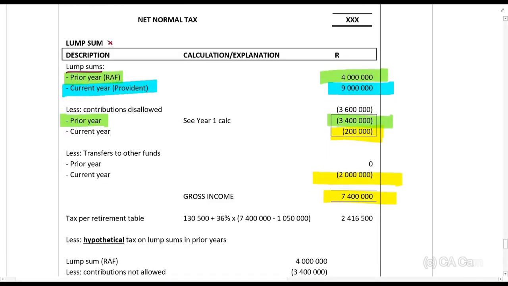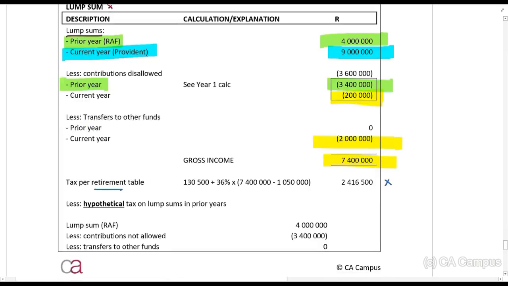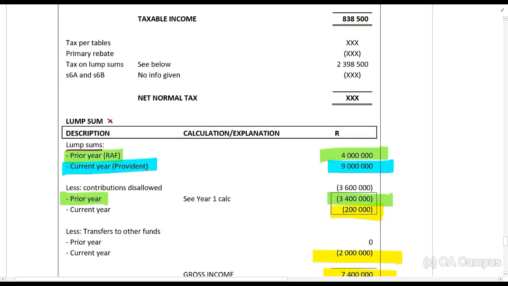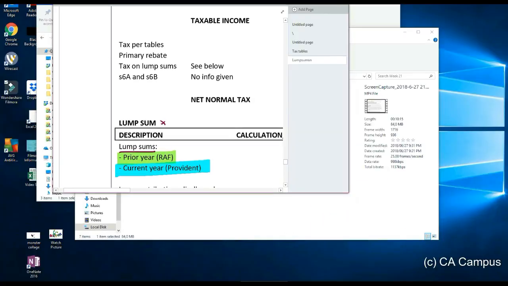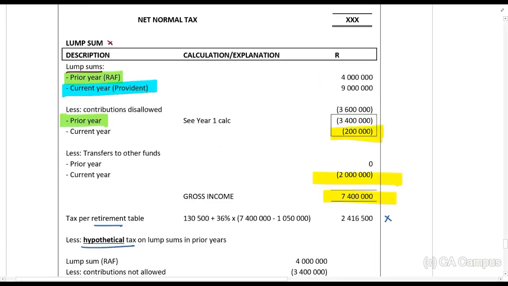You calculate your tax on this using what table? The retirement table. Why? Because in year 6 you retired. So you use the retirement table. Make sure you see we use the retirement table. Now, less the hypothetical tax. So what is the hypothetical tax, guys? The hypothetical tax is everything in the prior year.